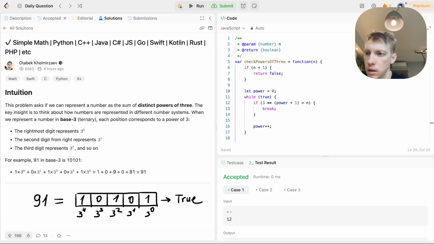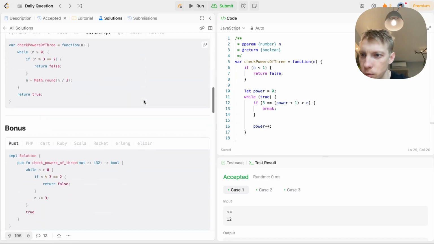This man, Atabek, it's pretty smart. What he is doing is that he's just trying to divide the number, which is actually a great solution, because if you're dividing it by 3, then you will definitely get the power of 3.